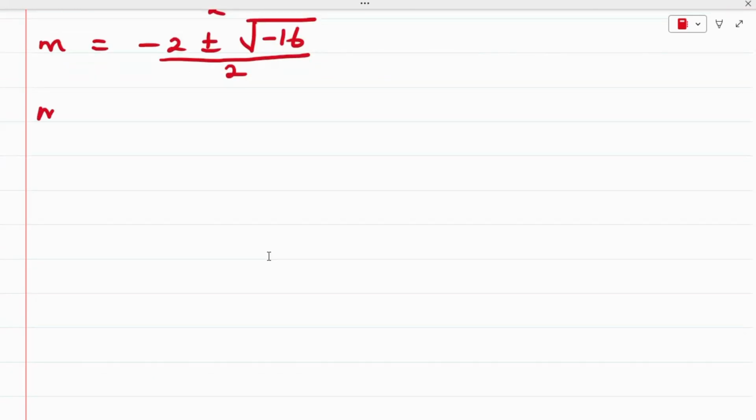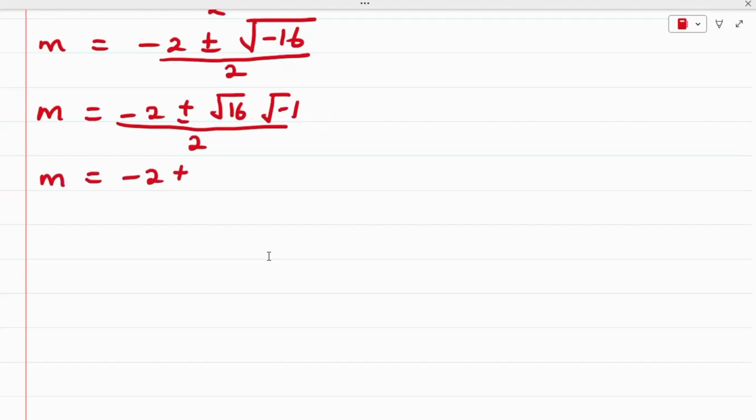This can be written as m is equal to minus 2 plus or minus the square root of 16 times the square root of negative 1, all over 2. The square root of 16 is 4, but we want to simply recall that the root of minus 1 is equal to i, so this is going to become 4i over 2.